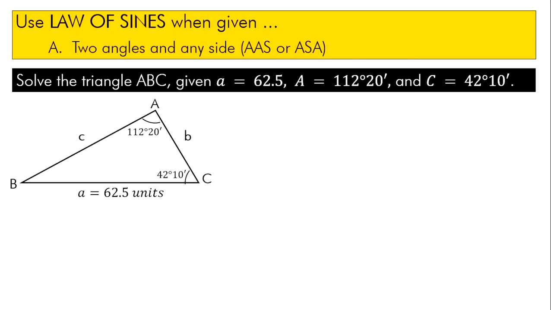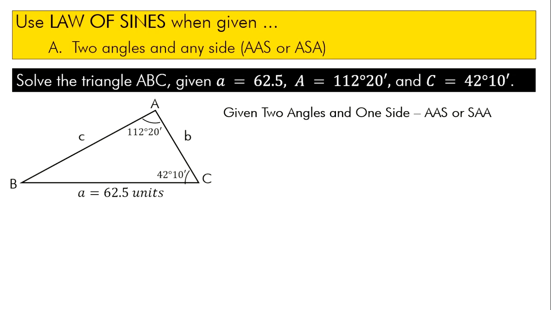From this figure, notice that we have two angles and one side. So this is angle angle side, which will qualify for the law of sines condition. In identifying angle B, we know that the sum of the angles of a triangle is 180 degrees.